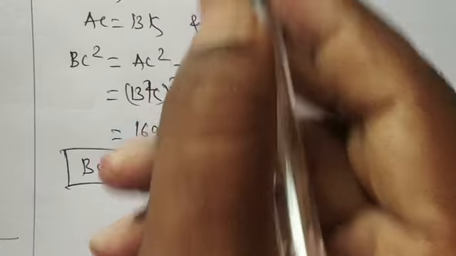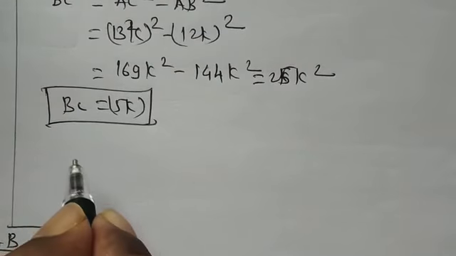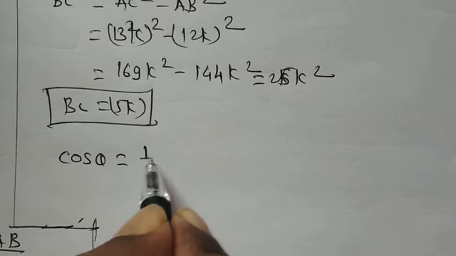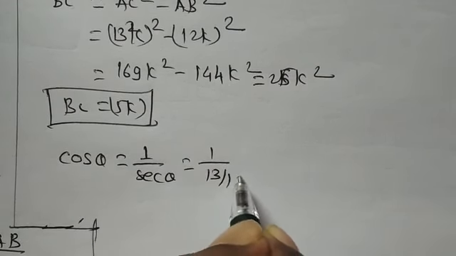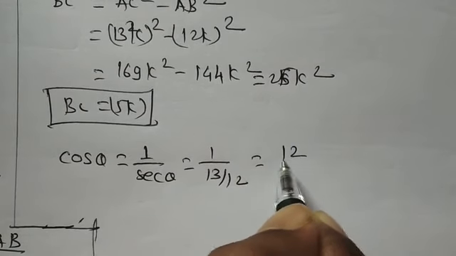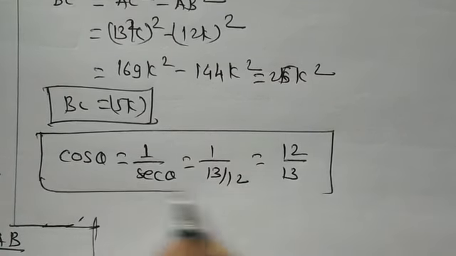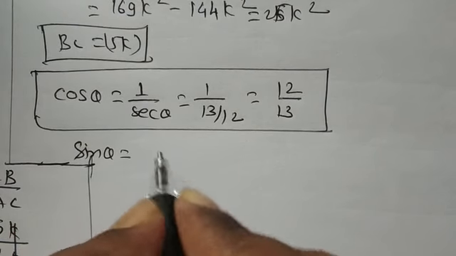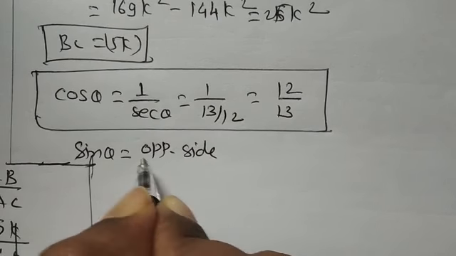Sec theta is given; what are the remaining ratios? Using this sec theta, we know that cos theta is 1 by sec theta. Then 1 by 13 by 12 is simply 12 by 13. Now sin theta is the formula opposite side upon hypotenuse.